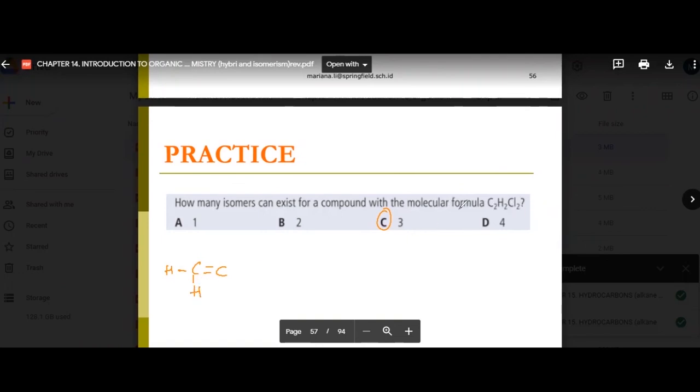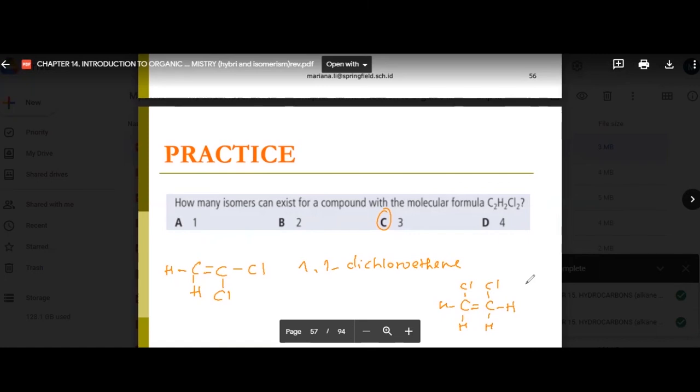And for the Cl, it can be here. Yes, 1,1-dichloroethene, right? 1,1-dichloroethene. Or I can move it to the second carbon to give 1,2-dichloroethene.